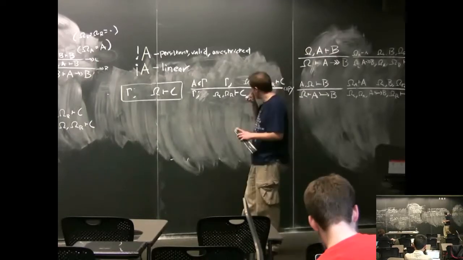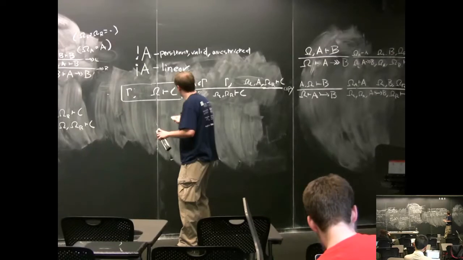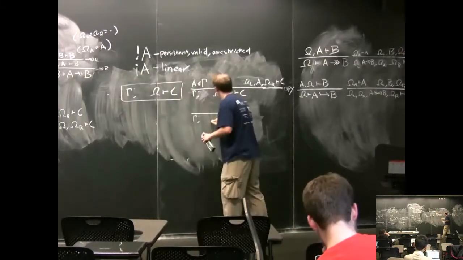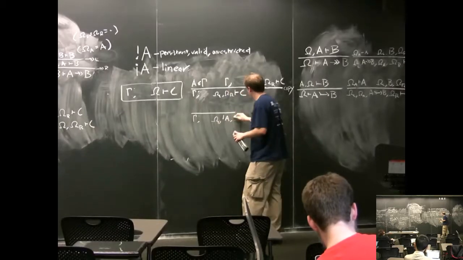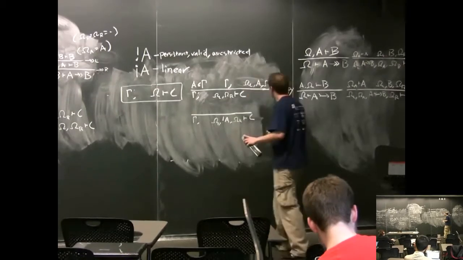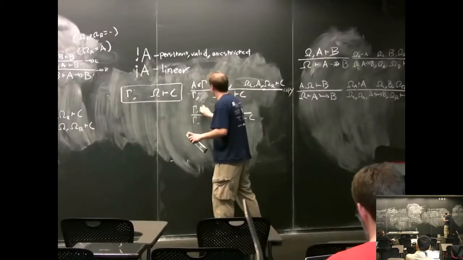And now let's write out the rules for the exponential. The easier thing to describe is how I use it. So I've got somewhere in my context a bang A. Then this is just as before.